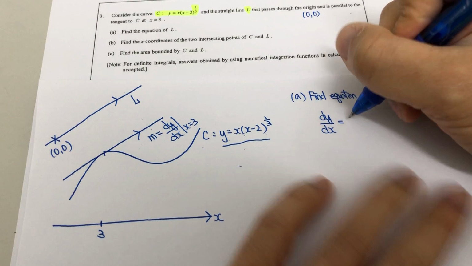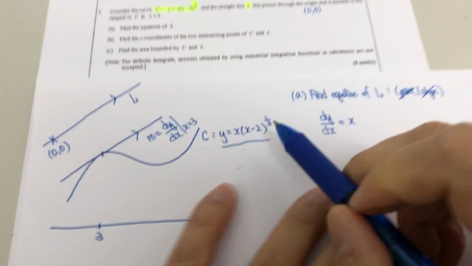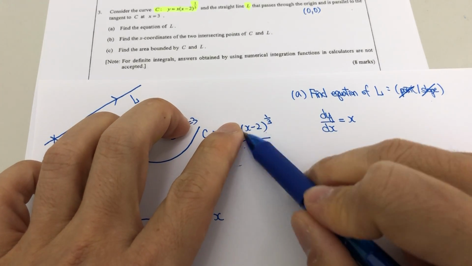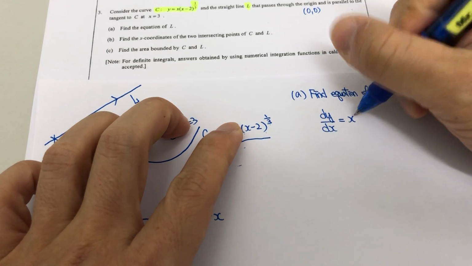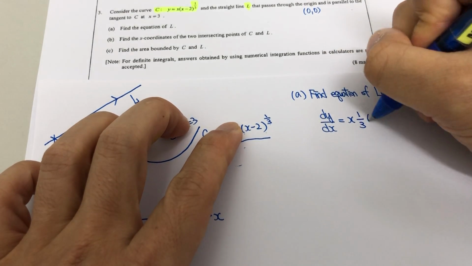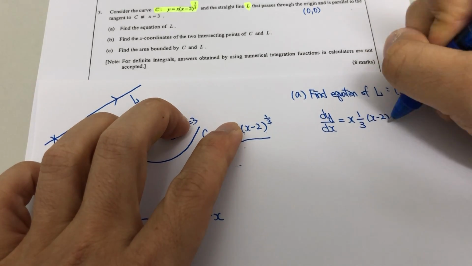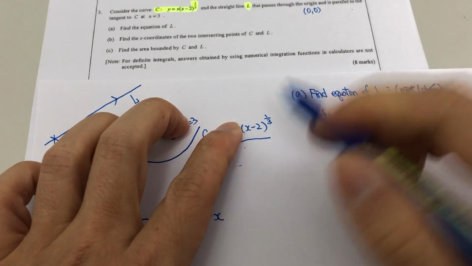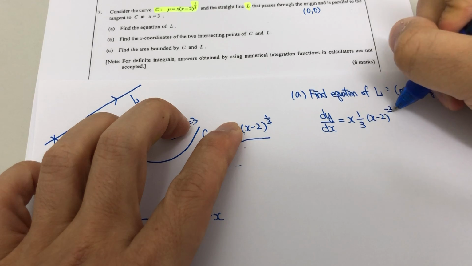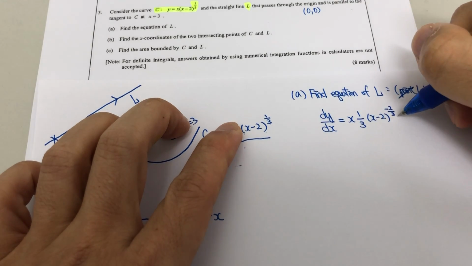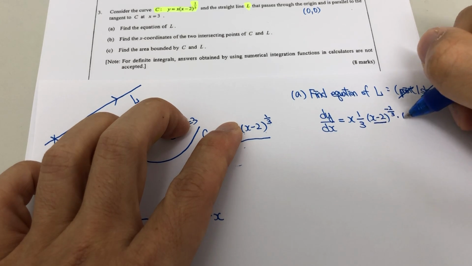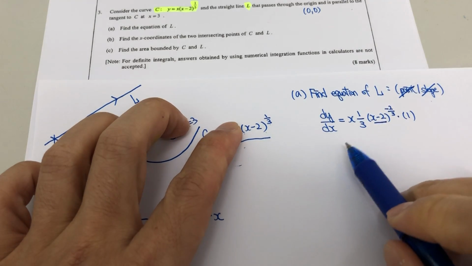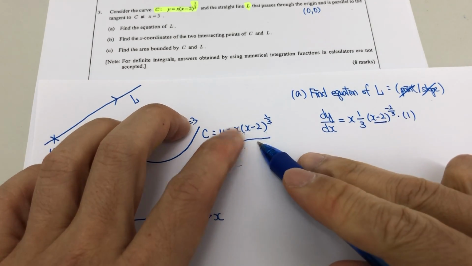Hold the first part, x, differentiate the second part. When we differentiate this, we have to use chain rule, bring the 1 over 3 down, copy the brackets, and then the index minus 1 becomes negative 2 over 3. And then we also need to times the derivative of the things inside the bracket. It becomes 1.